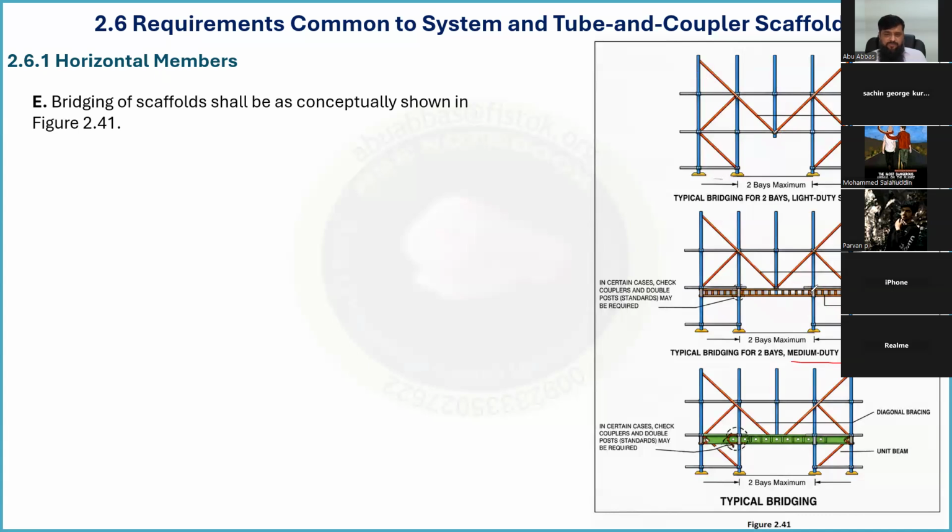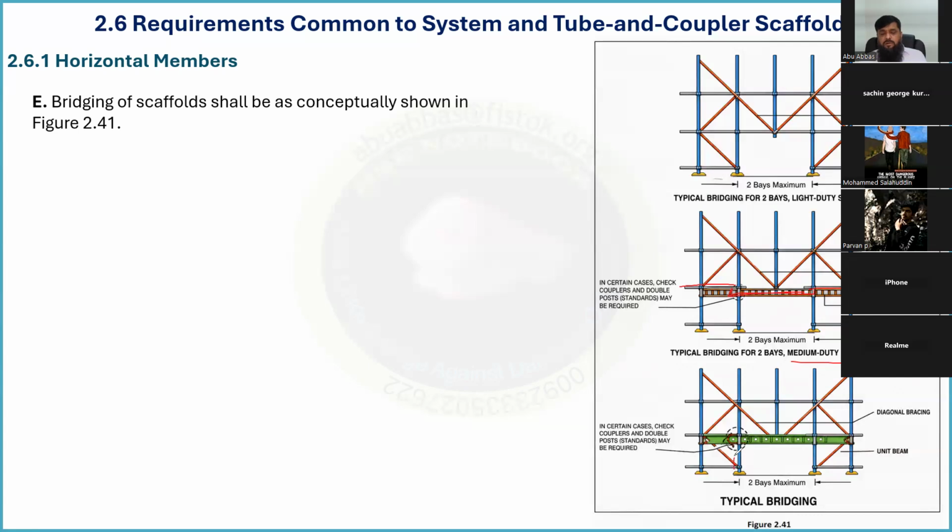So, this is our simple transom. Or in addition, we have 2 bays covered by a ladder beam. Normally we refer to it as a ladder beam. Again, a typical bridge 2-bay example. Okay. In certain cases, check couplers and double couple standards may be required. Okay.